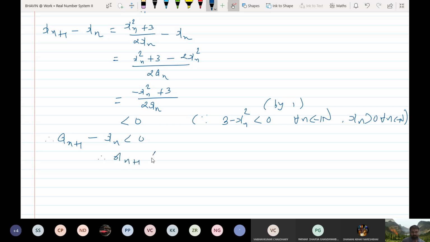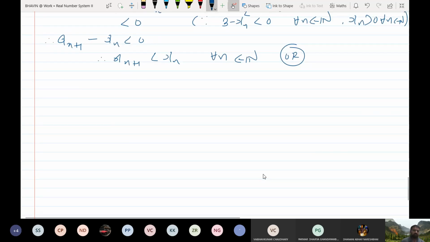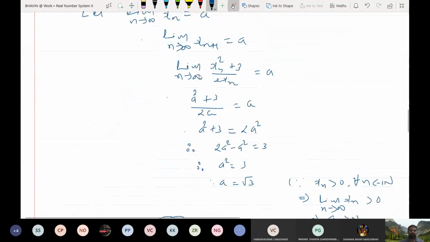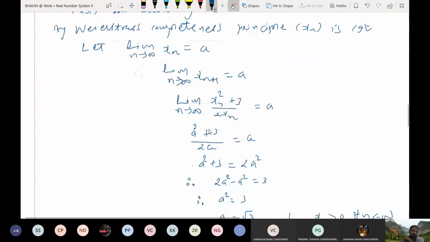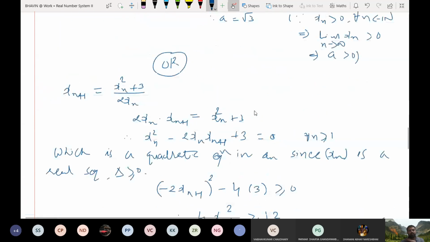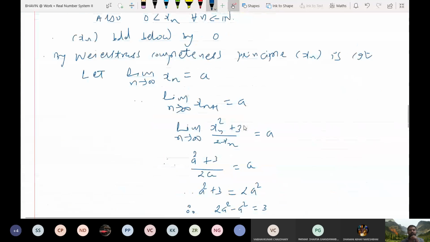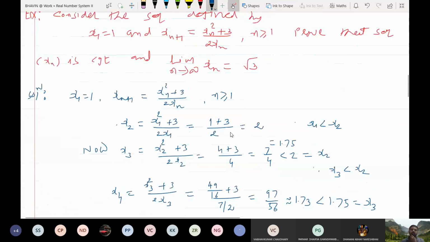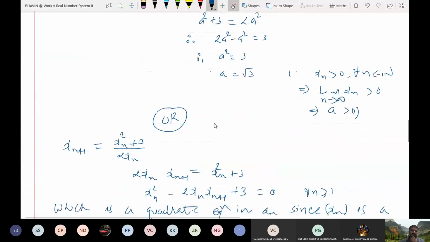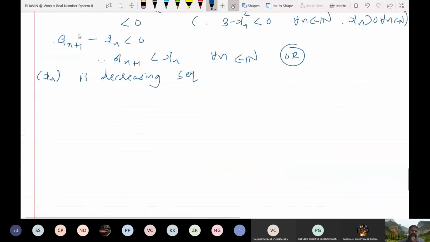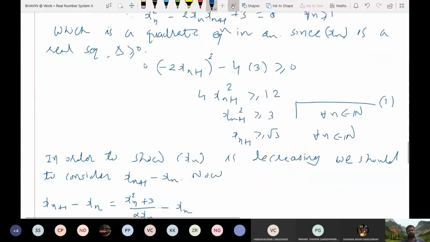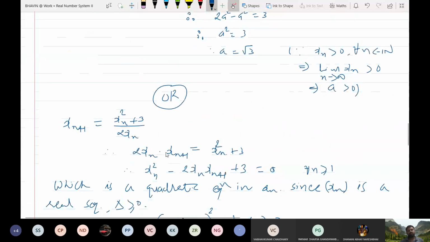Okay, so xn plus 1 is less than xn for every n in N, or you can say that xn is a decreasing sequence. तो बाद में तो यही लिखना है, ठीक है. ये समझ में आ गया, ये लिख देना है आपको, so that you will get a equal to √3. यहाँ पे देखिए मैंने क्या किया है, ये वाला इंडक्शन से प्रूव नहीं किया है, ये डिक्रीजिंग है। I have just estimated this difference and I have shown that this difference is always less than 0 and I have used this discriminant technique to show that it is decreasing.